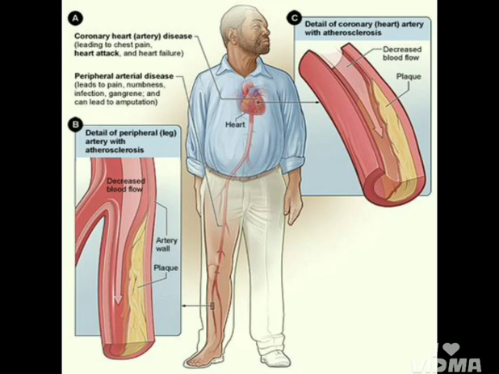Then ACE inhibitors lower BP and also have protective effects on blood vessels. Then calcium channel blockers lower BP, relax blood vessels, and help to relieve chest pain. Then medications for diabetes, blood thinners.